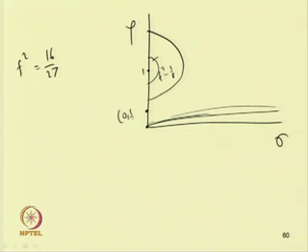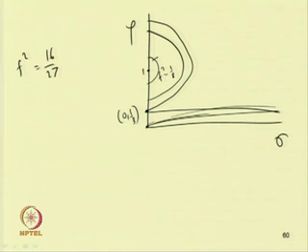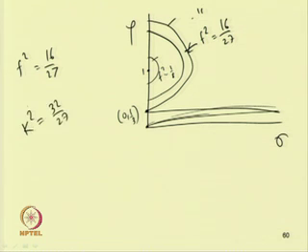So, we will have a double point here at this point, and with further increase, this is f square equal to 16 by 27. By taking a higher value, that is f square nearly equal to 32 by 27, we can have a branch like this.